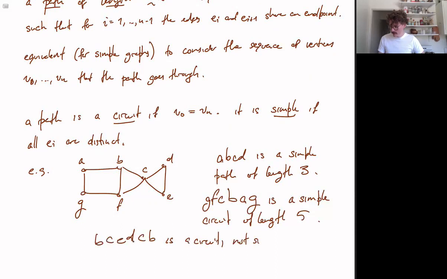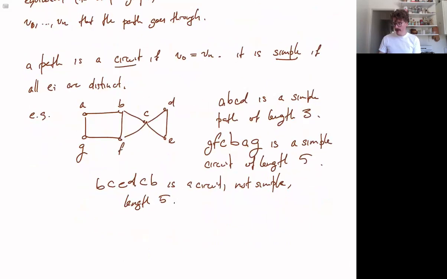Not simple, because it traverses the edge between B and C twice, and it has length, I believe again, 5. It's 1, 2, 3, 4, 5. Since we traverse this edge twice, we count it twice. So this is a path of length 5. Very good.